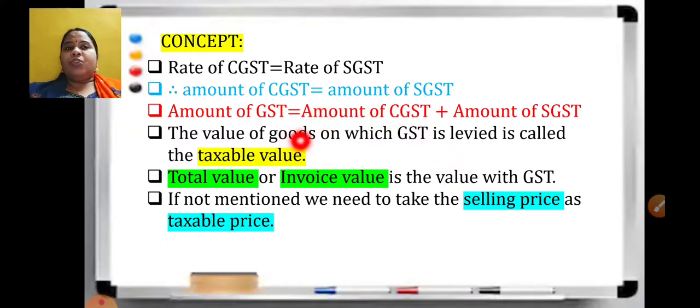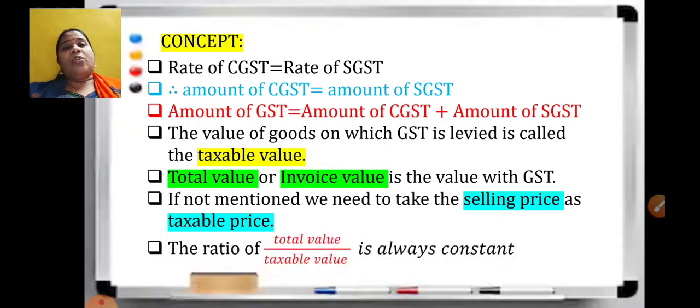Do not get confused between them. Okay. Now if not mentioned, we need to take the selling price as a taxable price. Now one more important definition, or you can say a formula, that the ratio of total value to taxable value is always constant. Whatever is the total value, if I divide it with the taxable value, always it is constant.